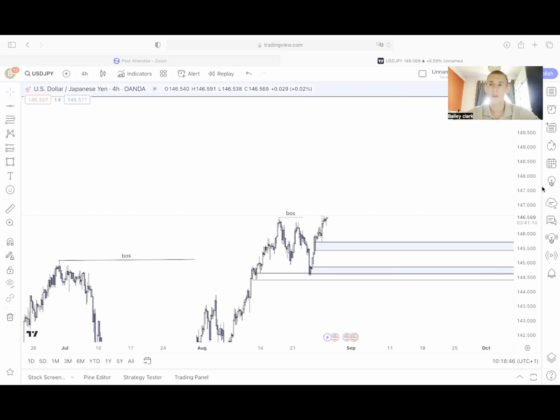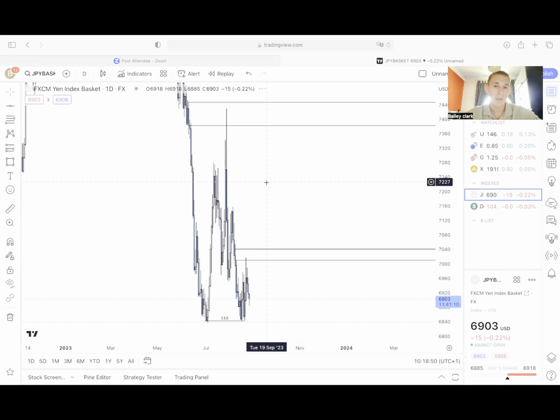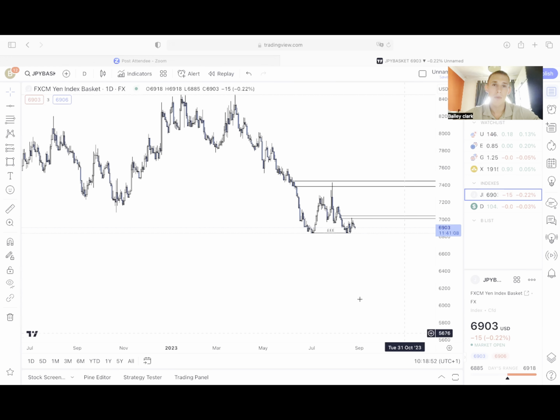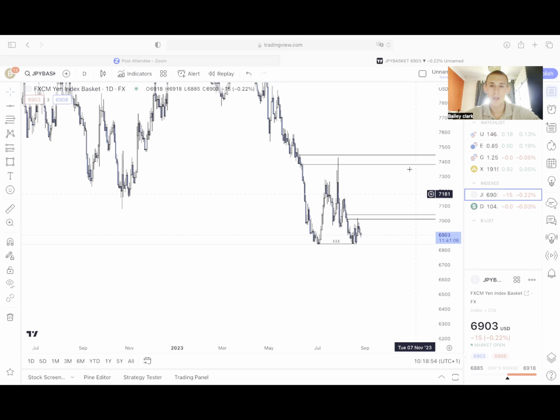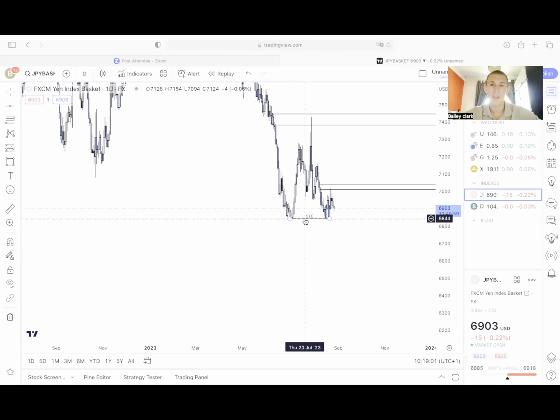If we also have a look at the yen index, what we can see is that on the daily time frame, we are trending very bearish. The daily time frame pulled back, took out these sellers, wicked into this area of supply, and now we've formed this retail area of support with around 4 taps of that zone. So there is a lot of liquidity resting below it.